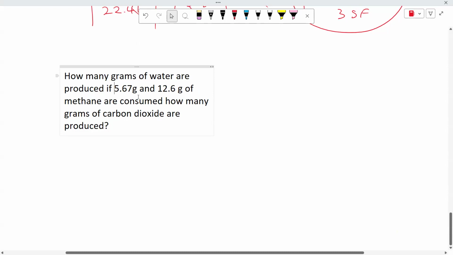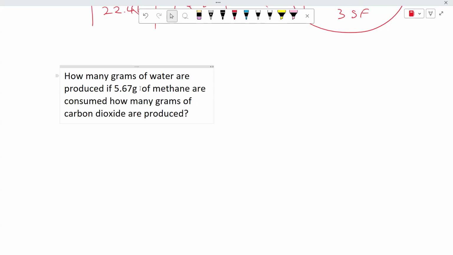How many grams would it produce? Okay, so we got methane and oxygen, and we use some of each.